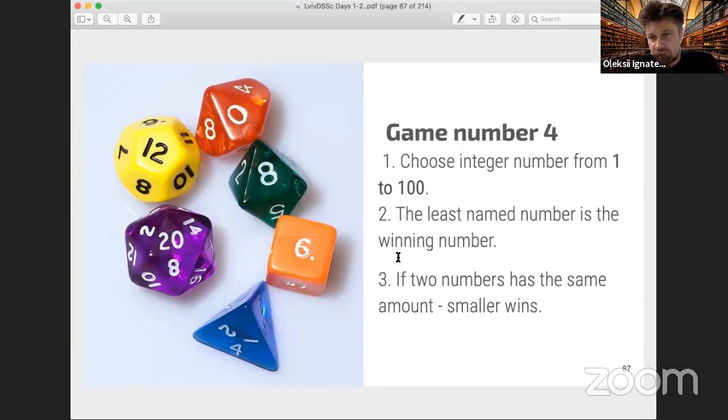They try to use some small numbers, and there is no obvious equilibrium and no obvious strategy for winning, and the winning numbers are really heterogeneous. In one game you can have 1 winning, in another game 13, and in another game 7, and it seems there is no connection.